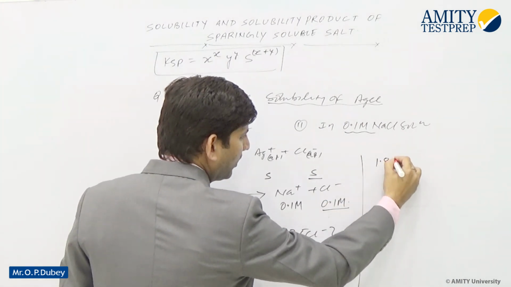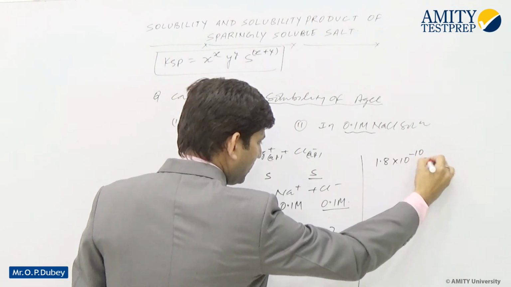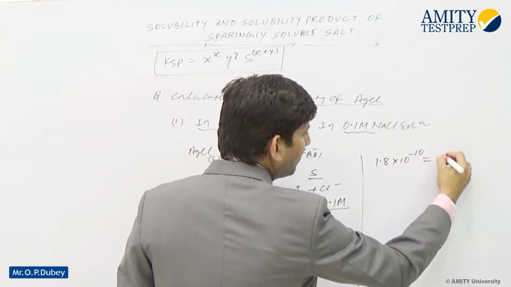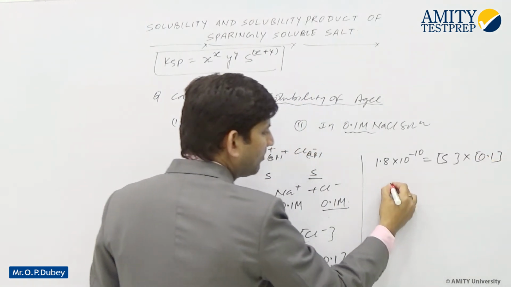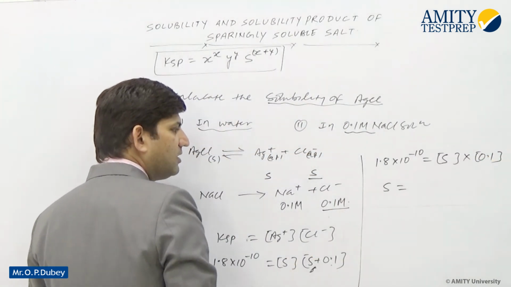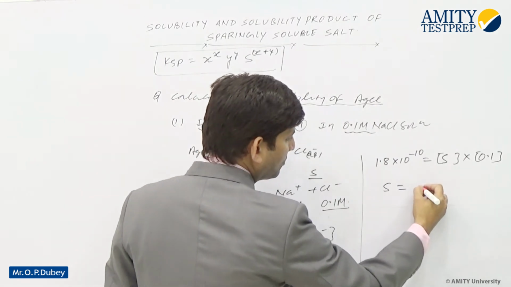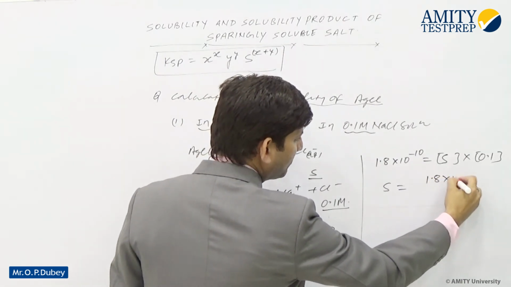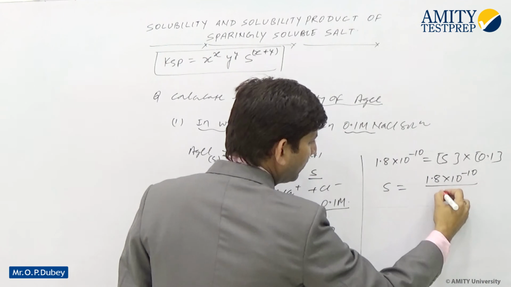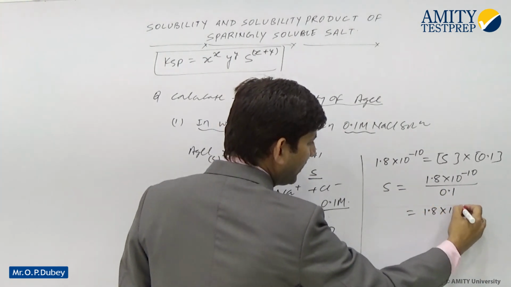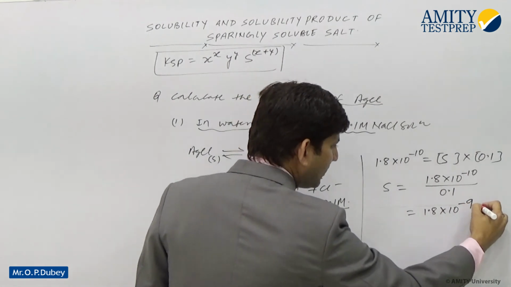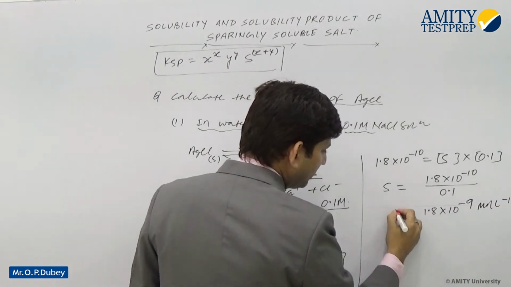Then 1.8 multiplied by 10 to the power minus 10 is equal to S multiplied by 0.1. That means the solubility of AgCl in NaCl solution is 1.8 multiplied by 10 to the power minus 10 divided by 0.1, which is equal to 1.8 multiplied by 10 raised to the power minus 9 moles per liter.